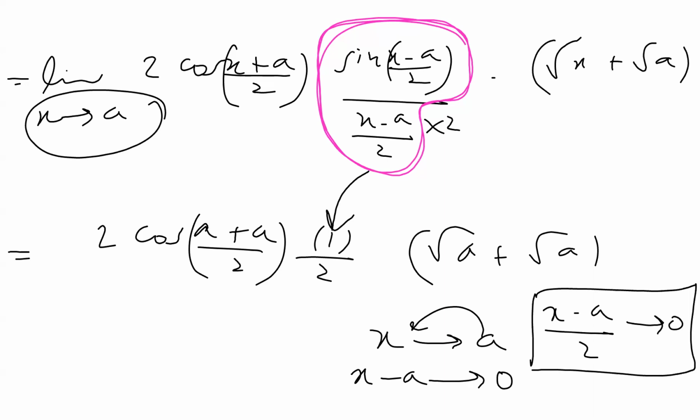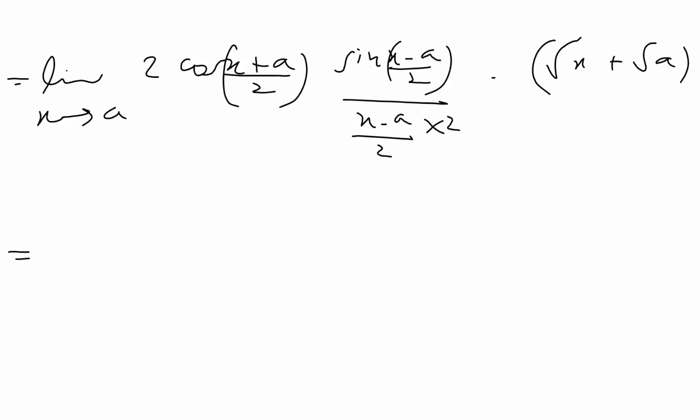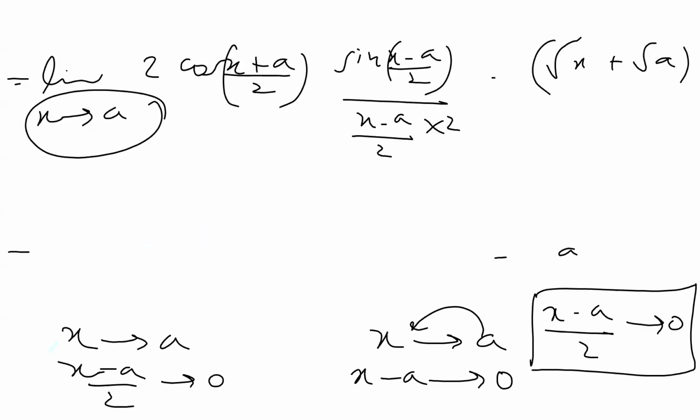Sorry. Otherwise, simple thing, just do changing limits, but then that will increase the length of the problem. So see, (x minus a)/2 will approach 0, since x approaches a. Or rather, if you're getting confused, I'll just change the limits for your own simplicity.